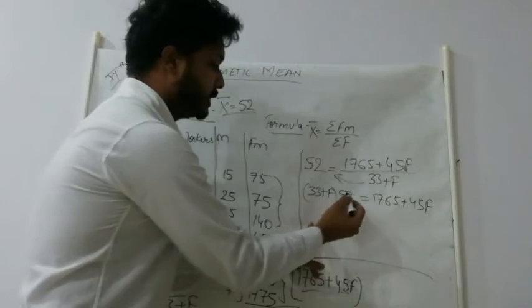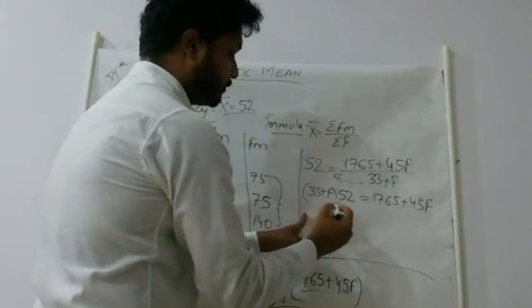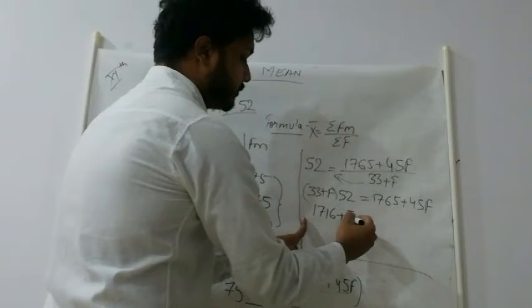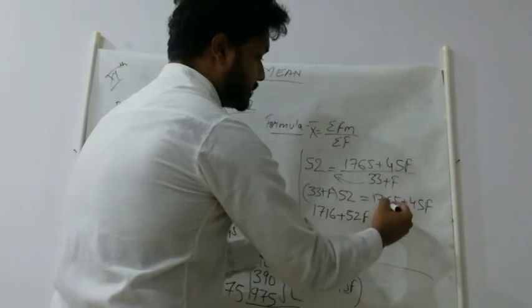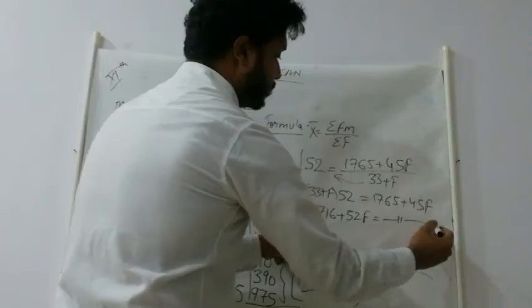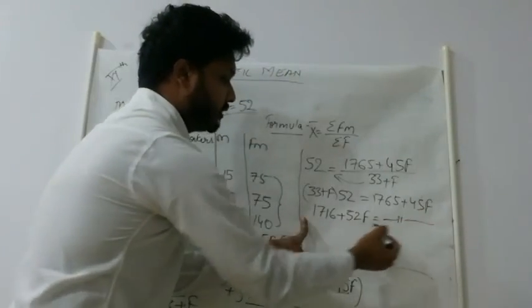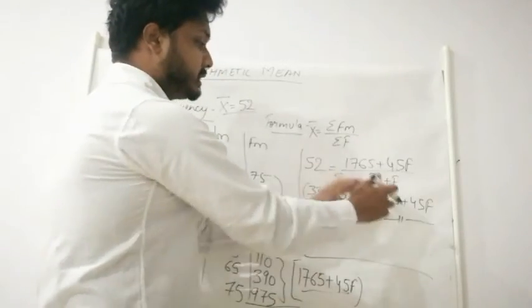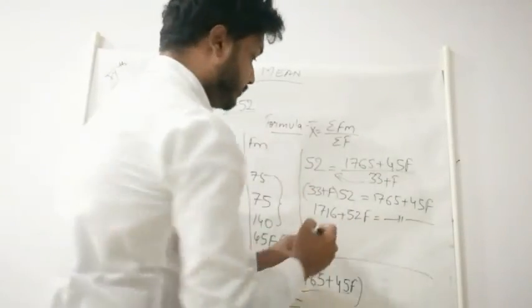Okay. Now multiply this. 33 into 52. It is coming 1716 plus 52f is equal to the same value. Okay. Now 45f and 52f we will keep in one side, and 1716 and 1765 we will keep on one side.